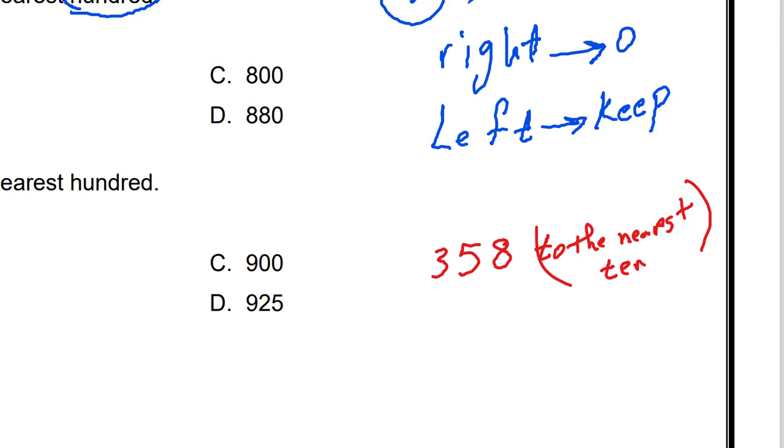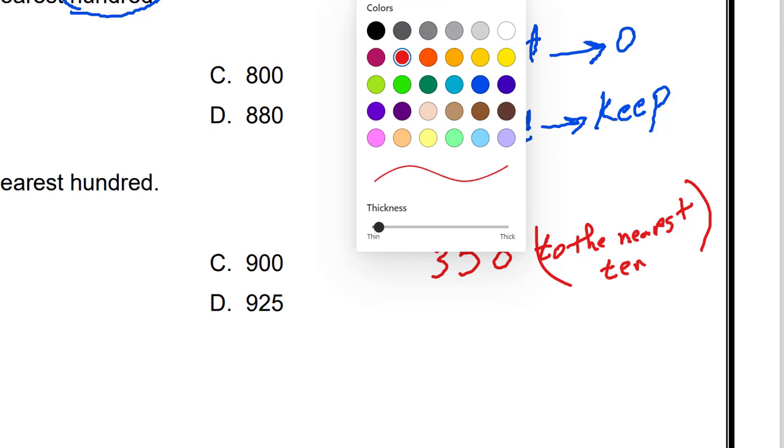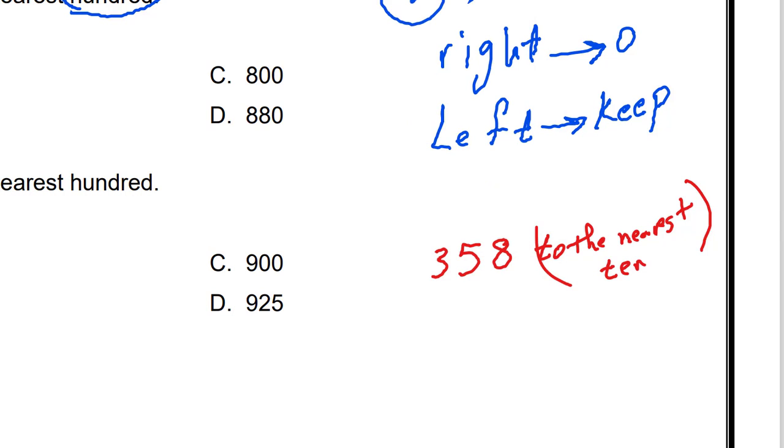So we need to round this number to the nearest 10. In this case, my heroes, the tens is the 5. To the right of the 5 we have 8, which is a strong digit. So the 5 will go up and it will be 6.